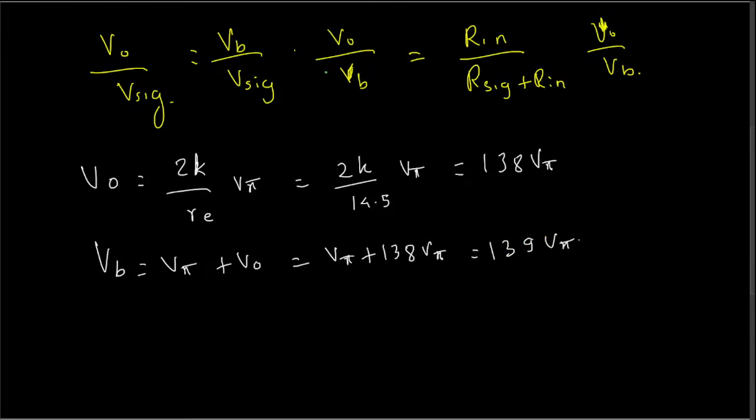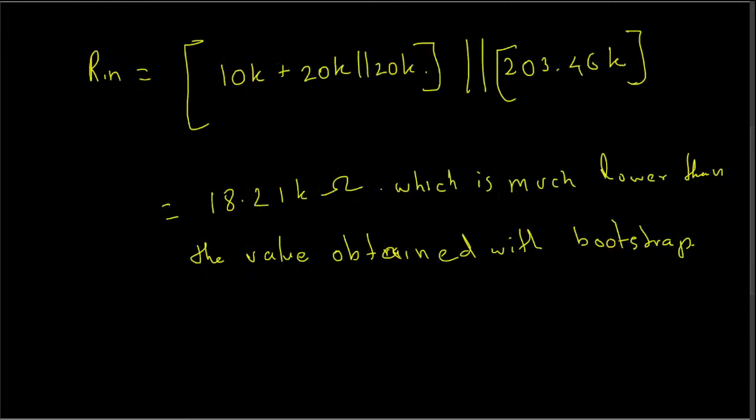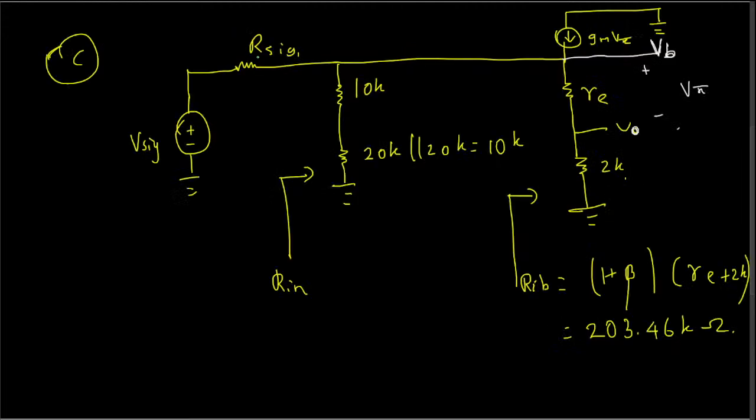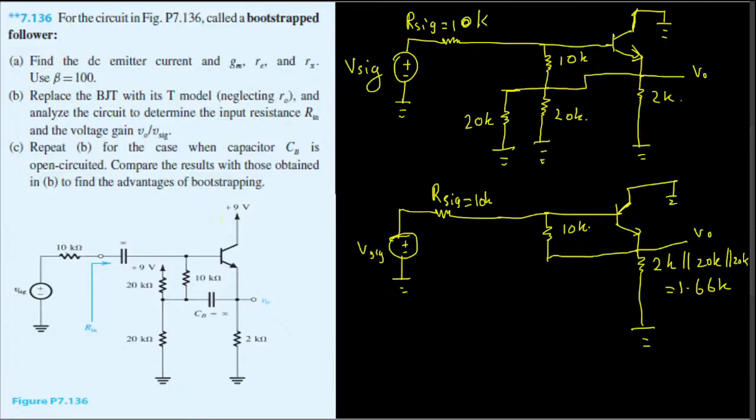Okay, now we have everything that we need for this expression. Now we can find out the Vo over Vsig, which is equal to R_in. R_in we calculated to be 18.21K. Plug that one in. And R_sig is the value right here, that is 10K, that is in the diagram.